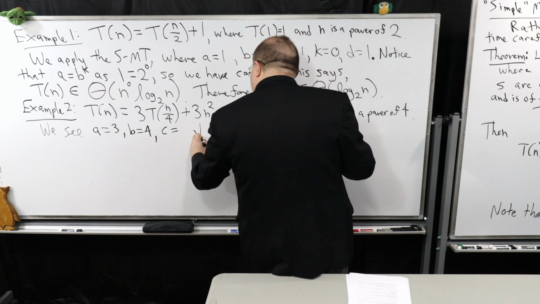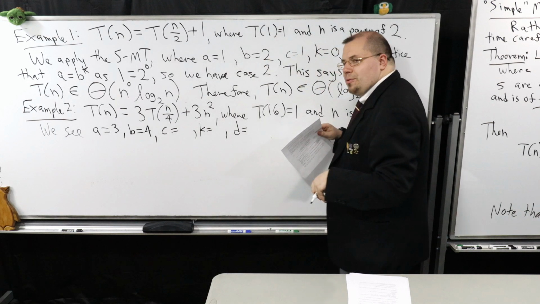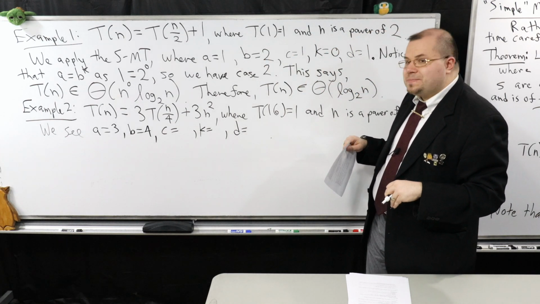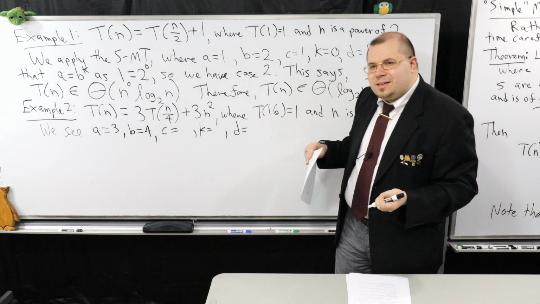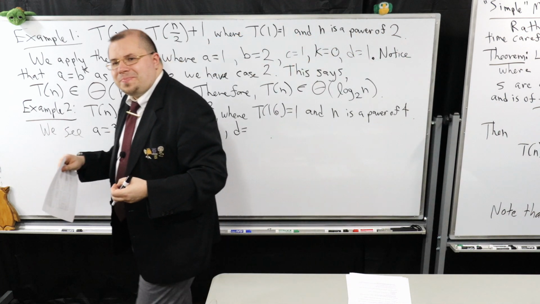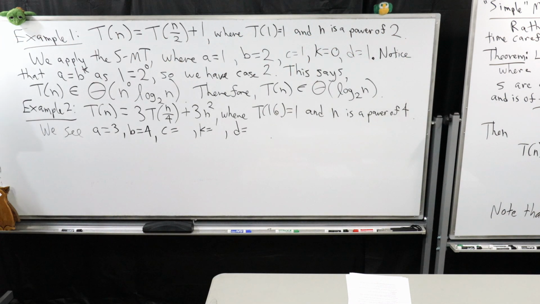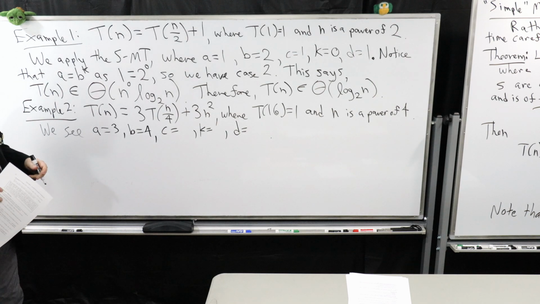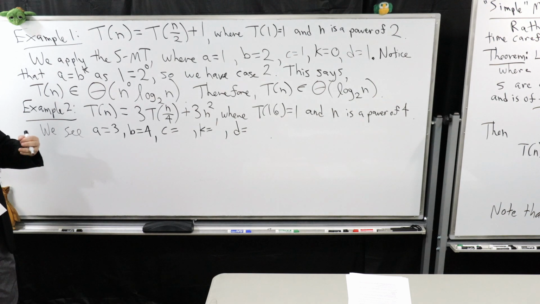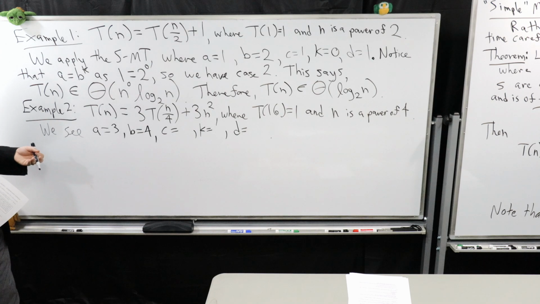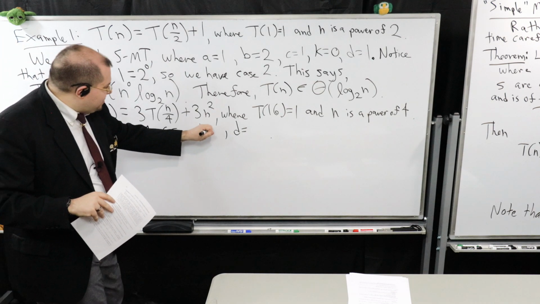And we have C, K, and D. So we've got to figure out what C, K, and D are. What are C, K, and D? I'll tell you up front that K is 2, right?